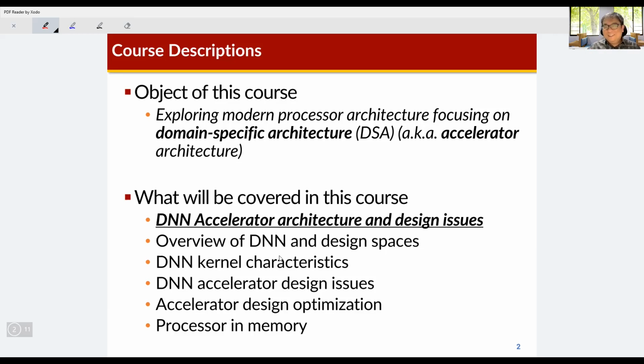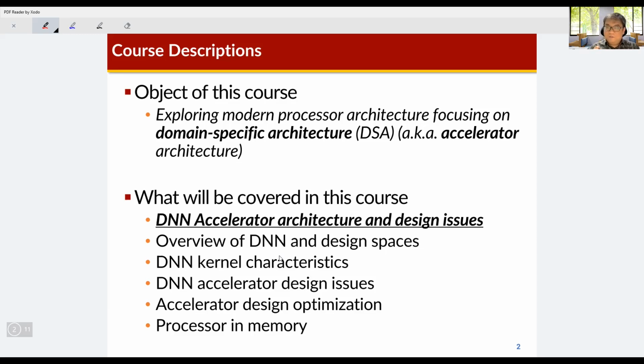It's also a very important topic, but it covers an older generation of computer processor architecture. And last year I taught the advanced computer architecture course, AAA634.